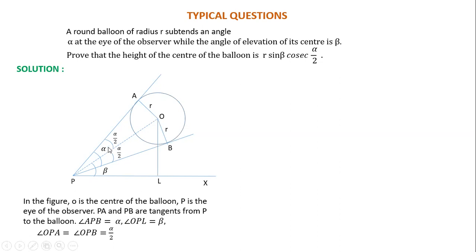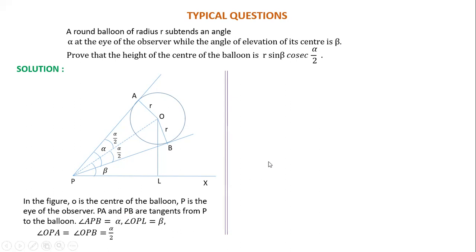Angle APB is equal to alpha, angle OPL is beta, and angle OPA and OPB are both equal to alpha by 2. I just explained to you why it is alpha by 2.